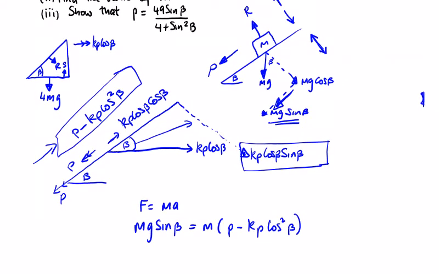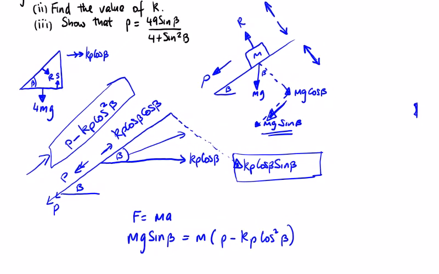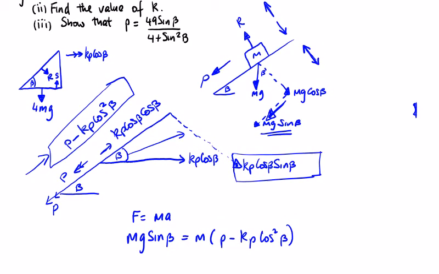We have mg cos beta minus R, and it's equal to m times the acceleration going up and down, which we said was m times kp cos beta sine beta. So a lot of cosines and sines in this question, which will continue going down to try and solve it. It's a little bit awkward, but we'll get there.